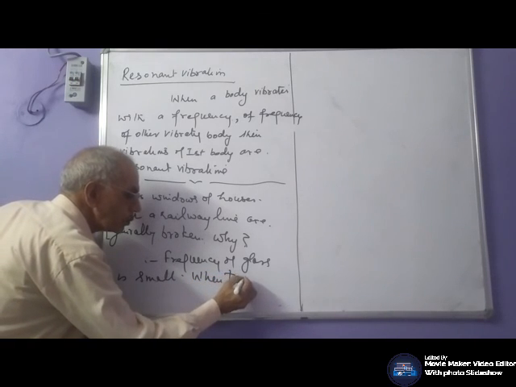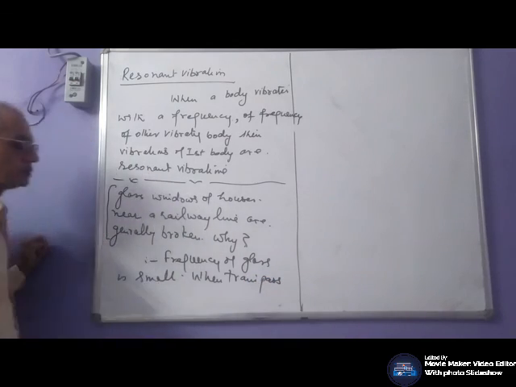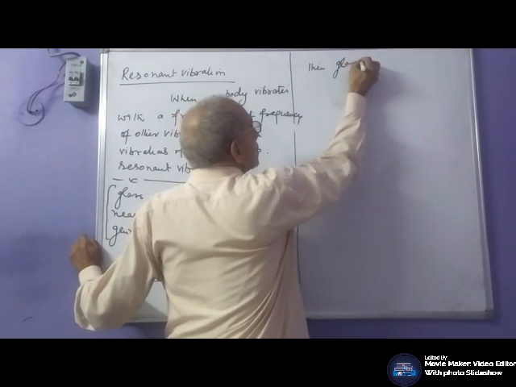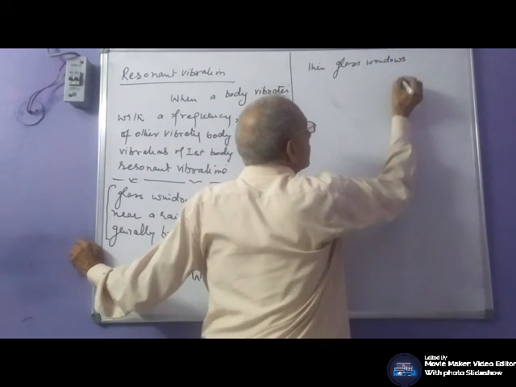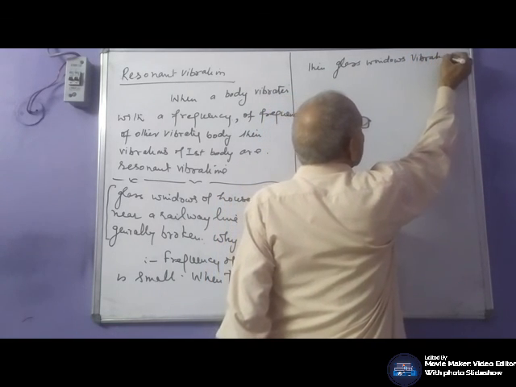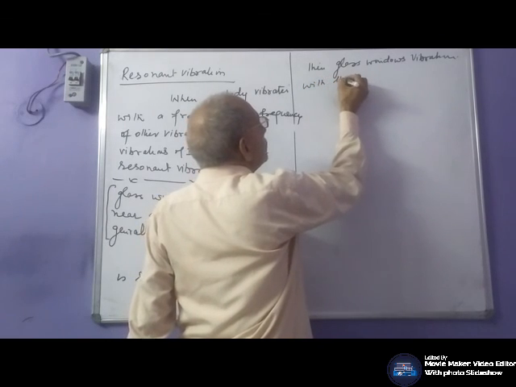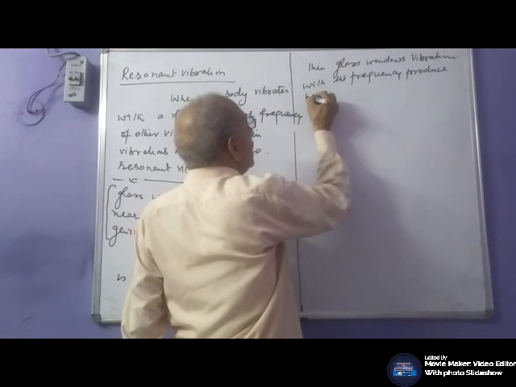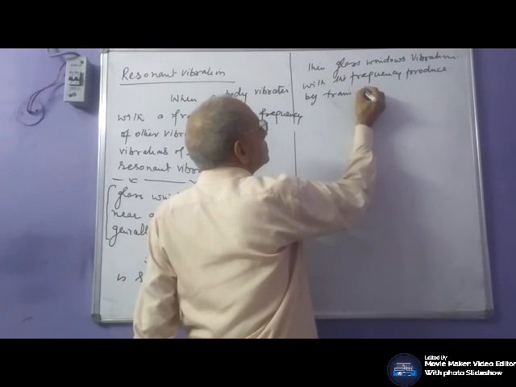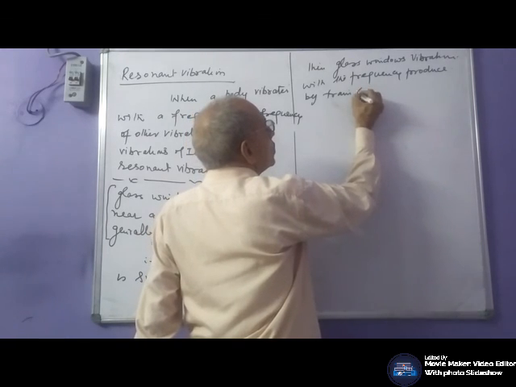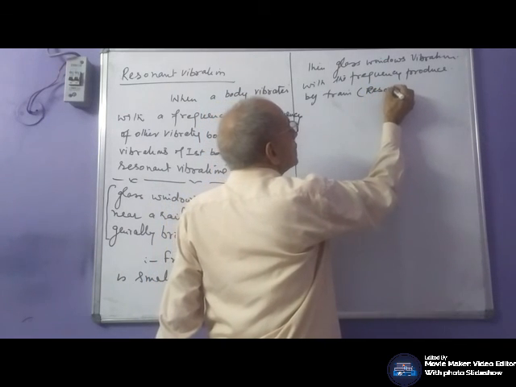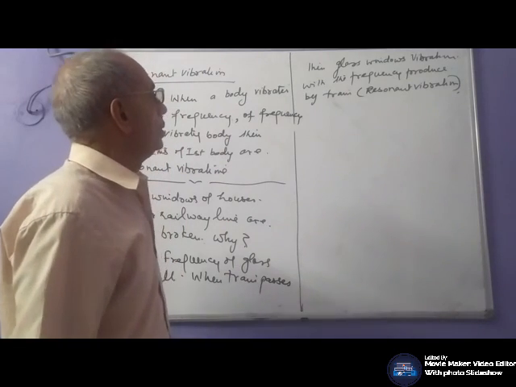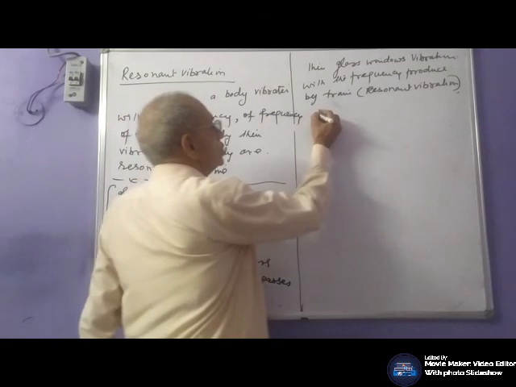When a train passes, then glass windows vibrate with the frequency produced by the train. These are resonant vibrations. जो ट्रेन पैदा कर रही है फ्रीक्वेंसी, उसी से ग्लास वाइब्रेट, सो ब्रोकन.